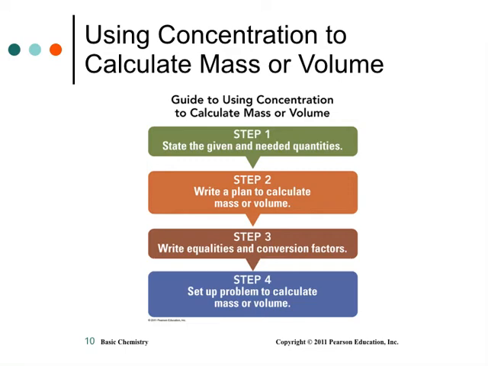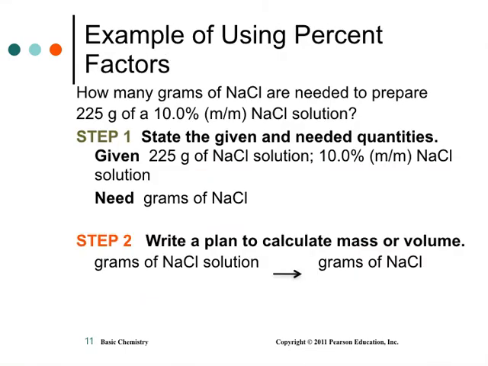So here's an example of that. How many grams of sodium chloride are needed to prepare 225 grams of a 10% mass over mass NaCl solution? You can do this several different ways, and I know it looks scary, but really it's not that hard, because what does 10% mass over mass mean?